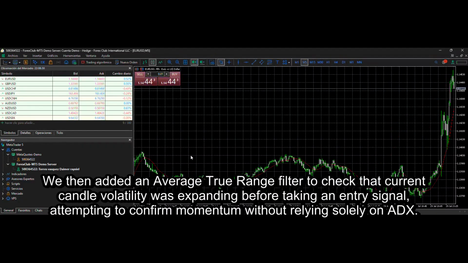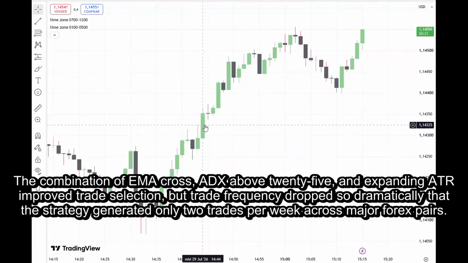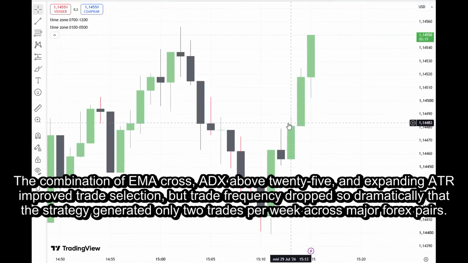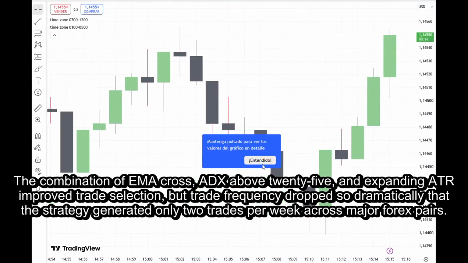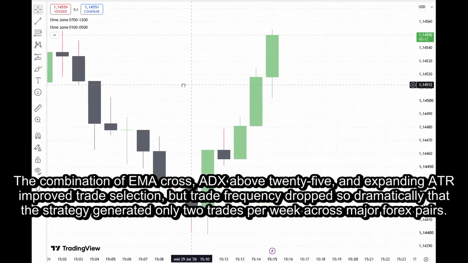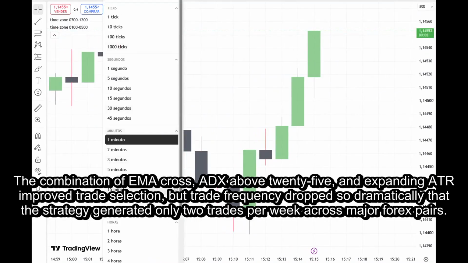We then added an average true range filter to check that current candle volatility was expanding before taking an entry signal, attempting to confirm momentum without relying solely on ADX. The combination of EMA cross, ADX above 25, and expanding ATR improved trade selection, but trade frequency dropped so dramatically that the strategy generated only 2 trades per week across major forex pairs.